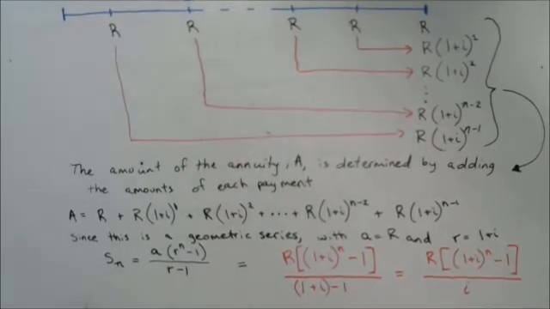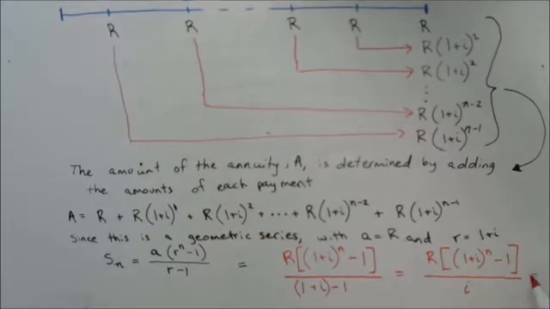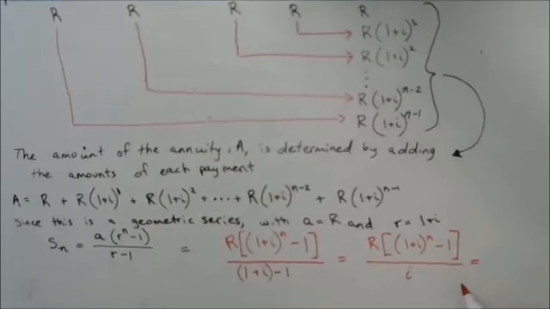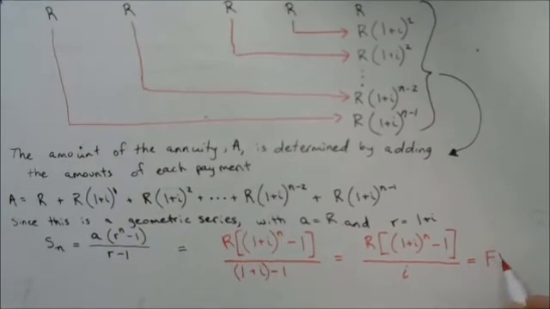And here is our formula for the future value of an annuity when we know the regular payment, the interest rate, and the number of compound periods. And again, we use the term future value.